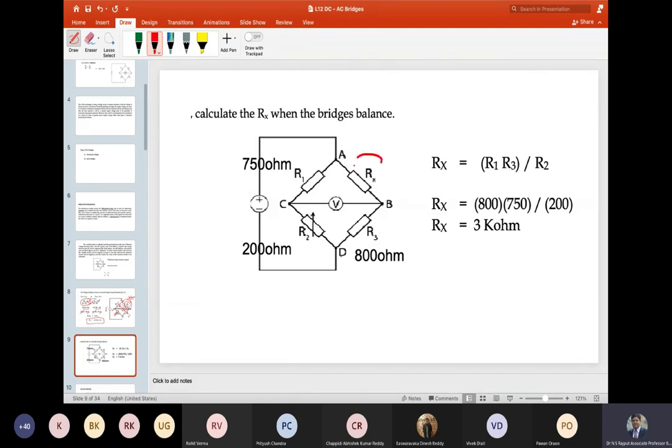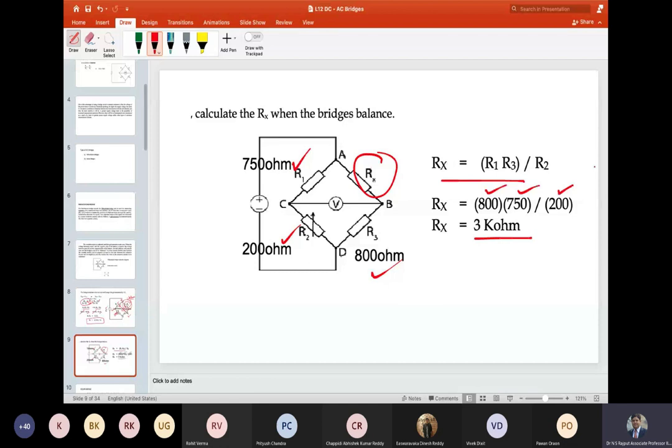If this is unknown, you have the knowledge of these three resistances. Simply as per the derivation, you can apply it and you will find that Rx is this. Now to know these, you must know their values accurately and precisely.